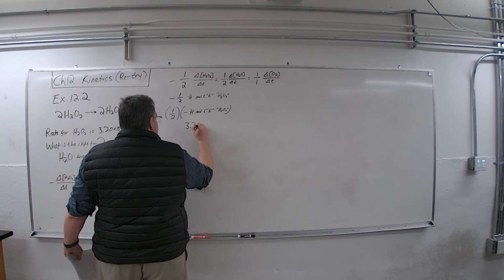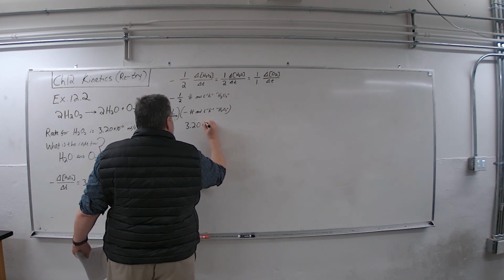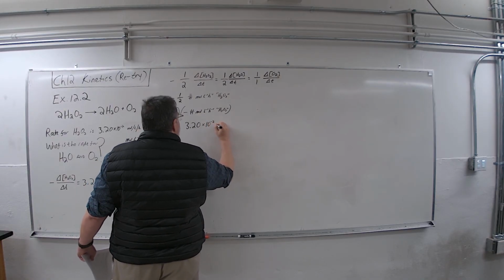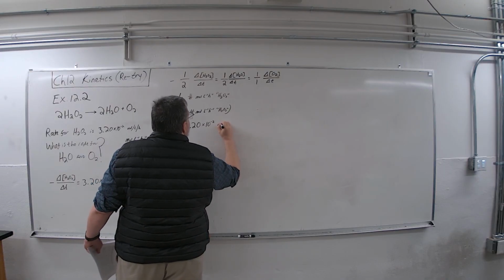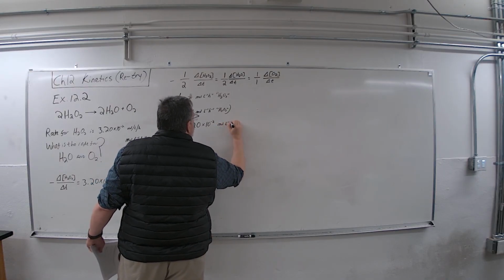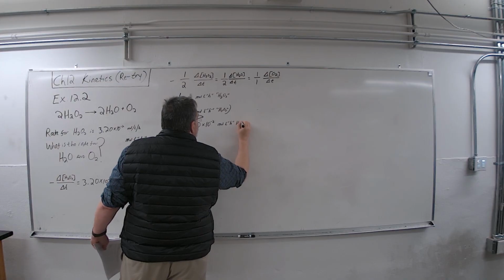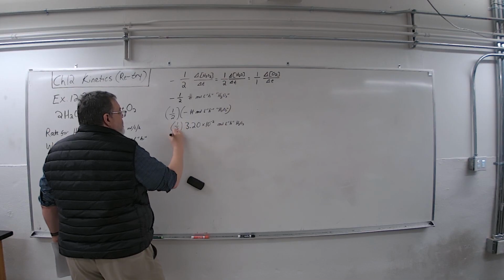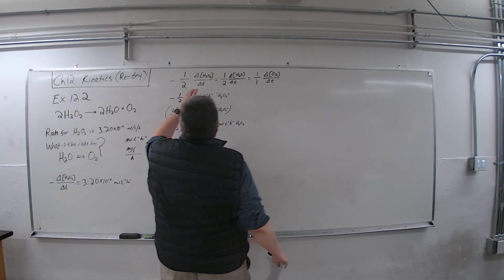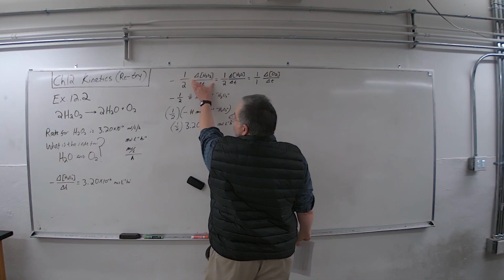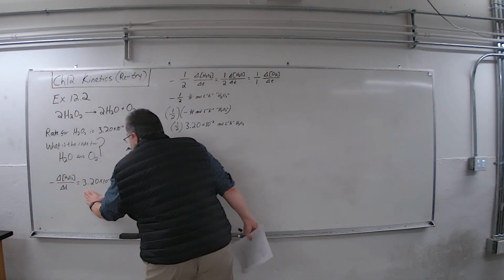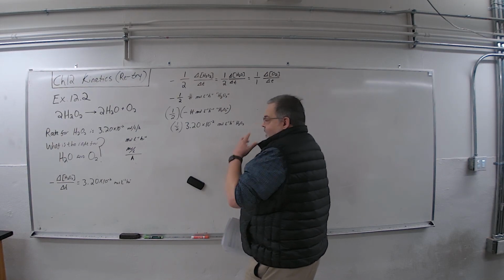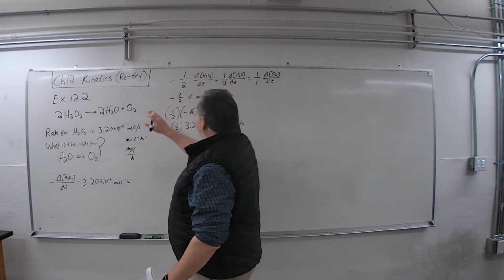I'm dropping the negative in. I've still got a 1/2 out here. So basically all I've done is I've replaced this with this, and it makes the negative drop out.